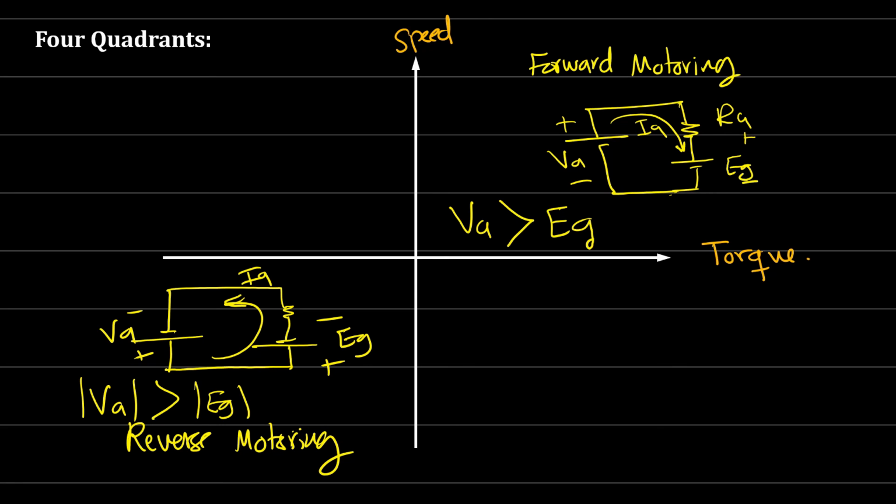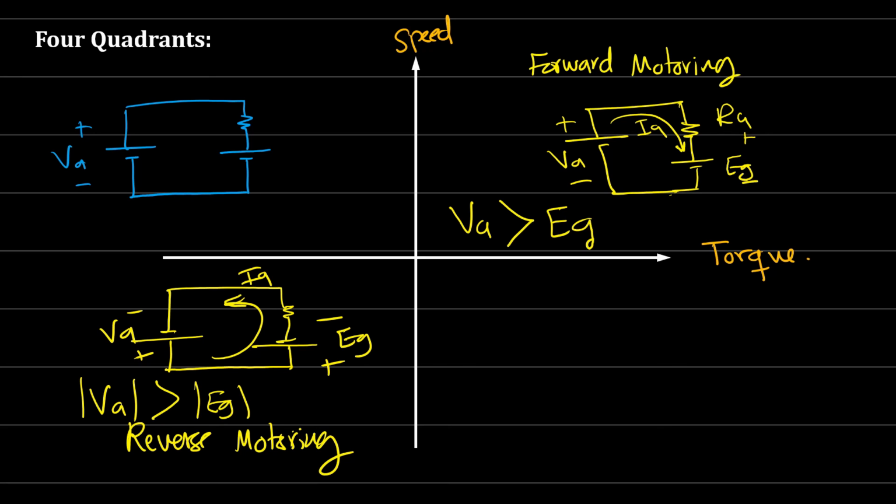Now let's move to the braking here. With the forward braking, we expect that the torque is in the opposite direction: the torque is negative, but the speed is positive. We have VA here, plus minus VA. Here we have EG, same signs without any problem, because the speed is positive.